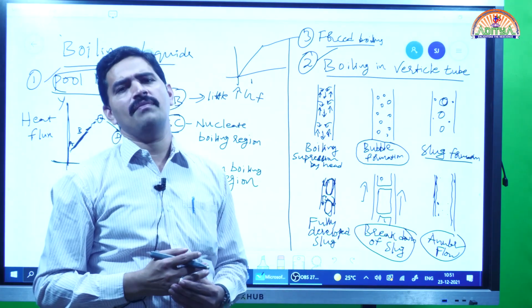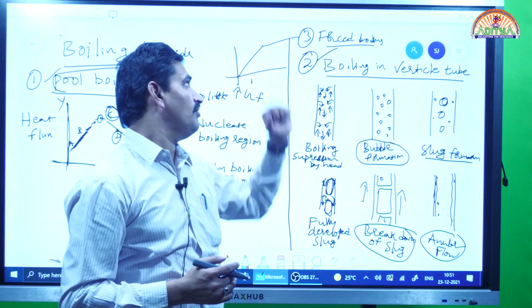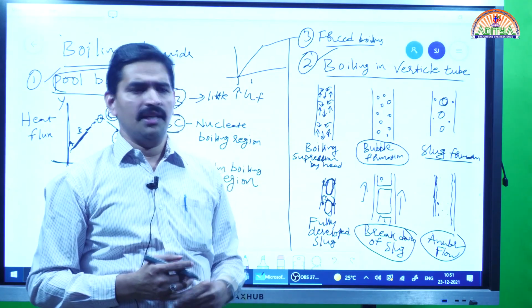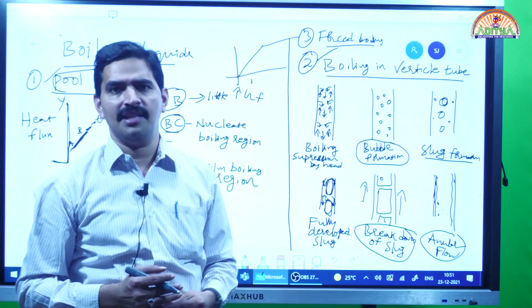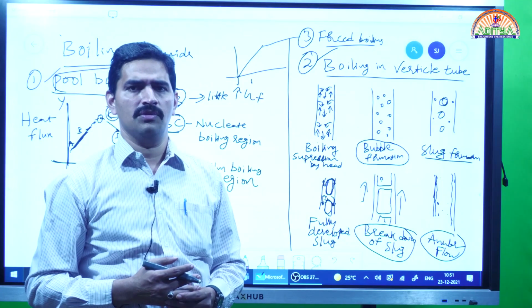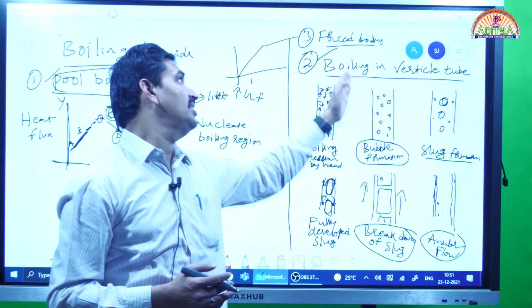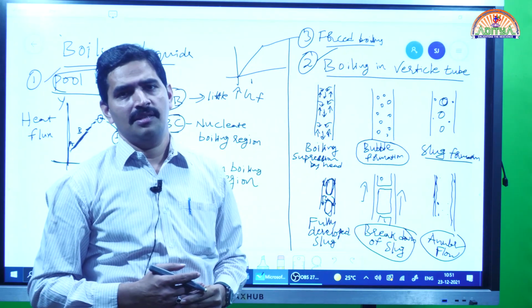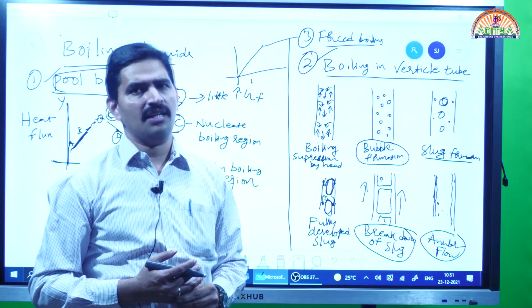That means natural convection is the mechanism of heat transfer. But in forced boiling, forced convection currents are formed with the help of an agitator or stirrer, which enhances the rate of heat flow. So when you compare all these three, forced boiling is the most effective mechanism of heat transfer.